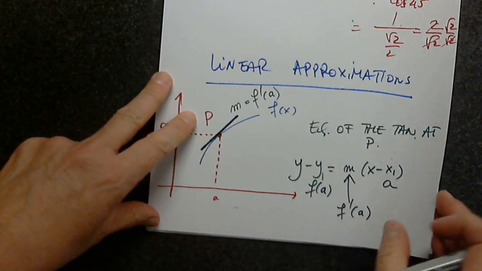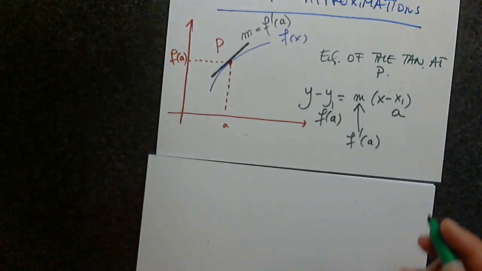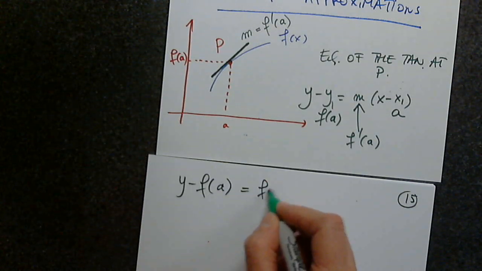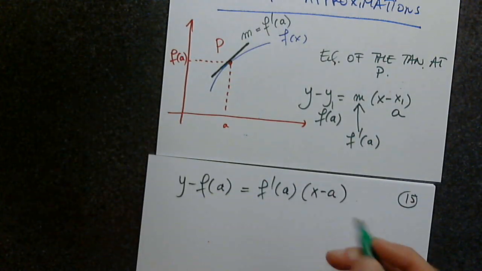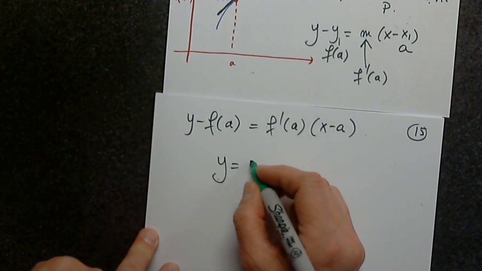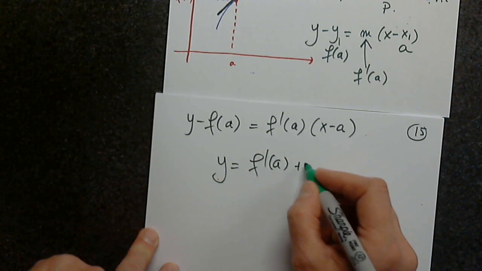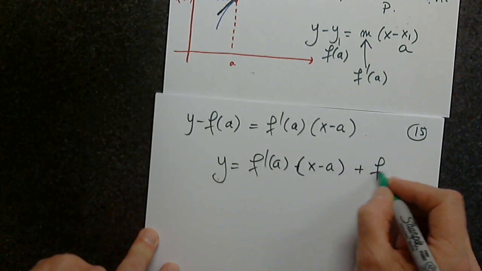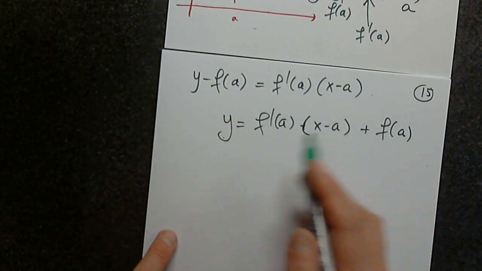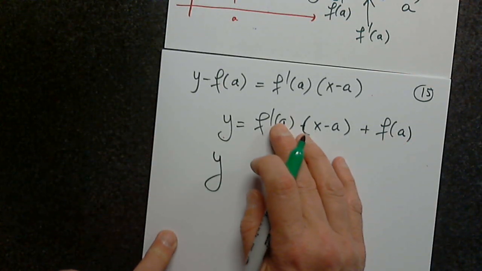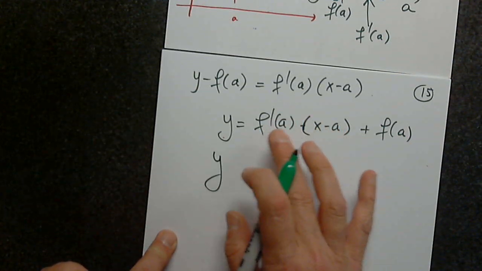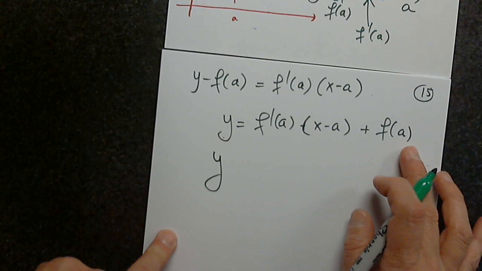Okay, so I'm going to write y minus f of a equals f prime of a times x minus a. And all I'm going to do, I'm going to solve like we always do. I'm going to write f prime of a times x minus a plus f of a. We normally don't put it in front. In algebra, we normally want mx plus b, right?